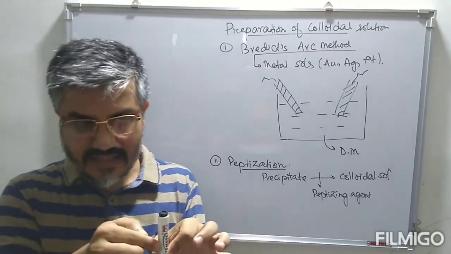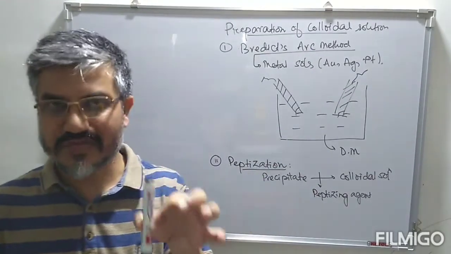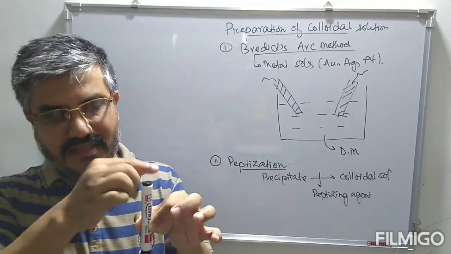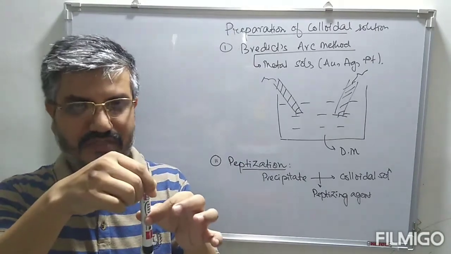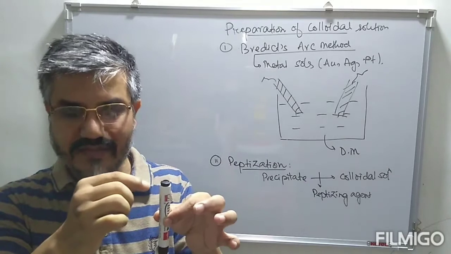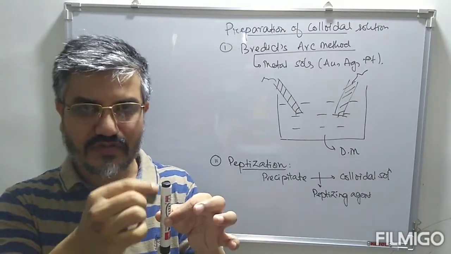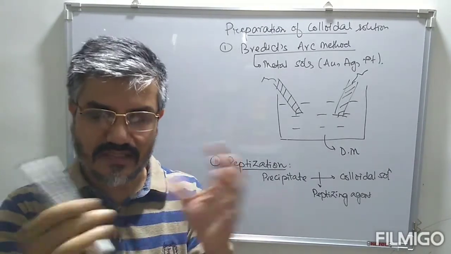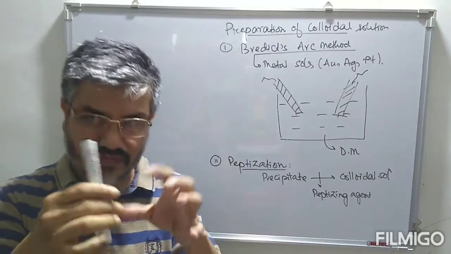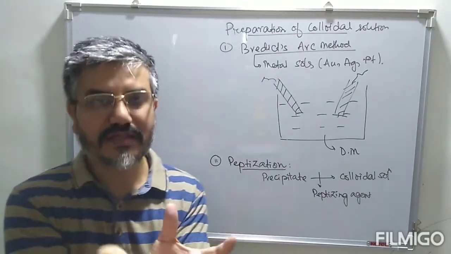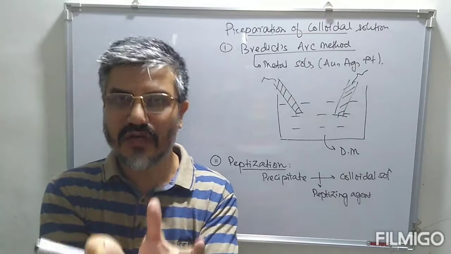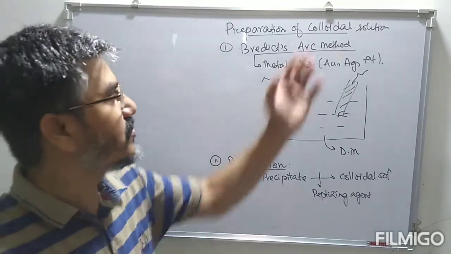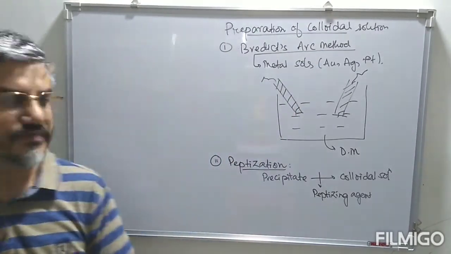The same ions will be adsorbed around this precipitate, so the charges are same. Because of the same charges, there is an enormous repulsion, and because of this repulsion, the bigger particles are broken into smaller fragments whose size forms a colloidal solution.